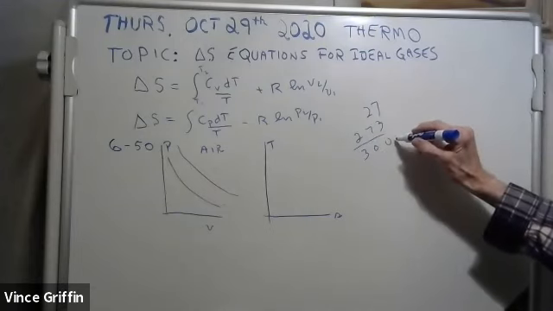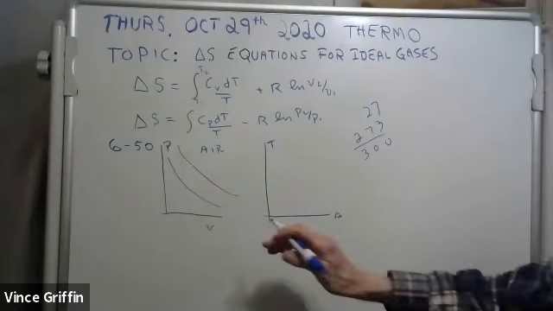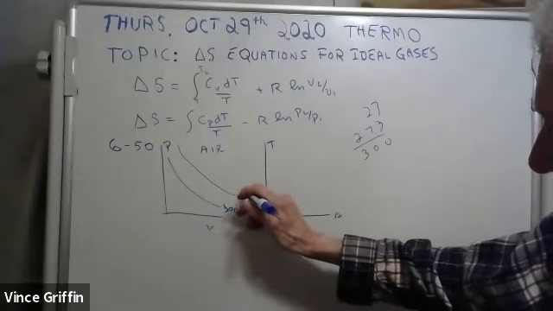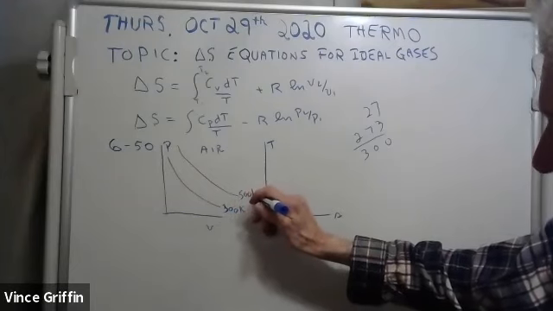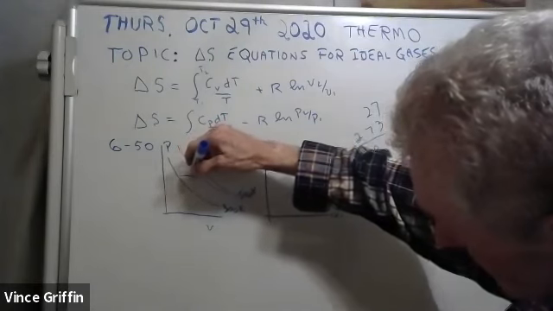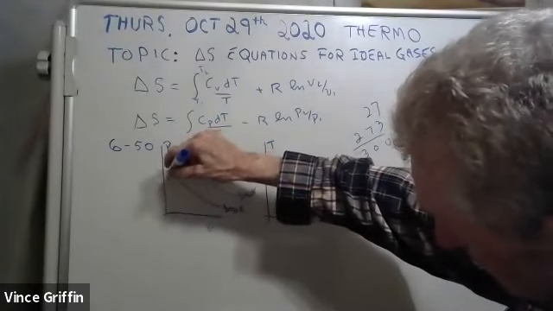It's about 300, isn't it? Yeah, it's about 300. So you're starting off at roughly 300 K, and you're going to 500 K at constant pressure. From 1 to 2.